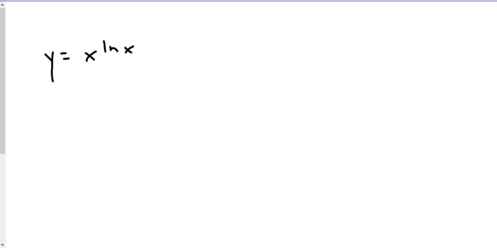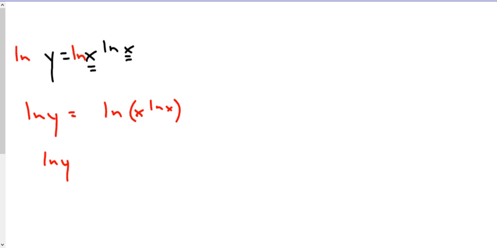Now, this one, once again, we have a variable, which is x, and the exponent, which is also a variable, so we can't solve this with traditional methods. We're going to use logarithmic differentiation. I'm going to take the natural log of both sides. When we do that, we have the natural log of y equals the natural log of x to the natural log of x.